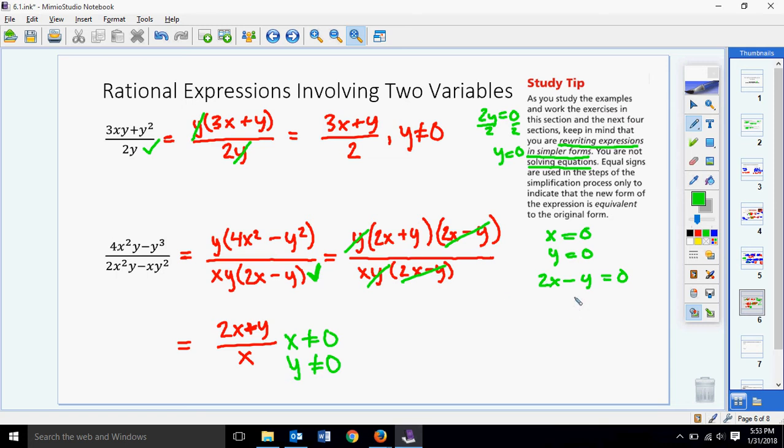So if we're going to solve for our variable, let's say y, I'm going to add y over, and I get 2x equals y. This is as far as we can go. I'm never going to be able to solve any further than this. So another restriction we have is y cannot equal 2x. So I've solved for one variable y, and it can't equal the left side, which is 2x. Those are my 3 domain restrictions.